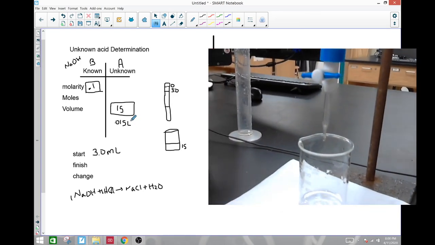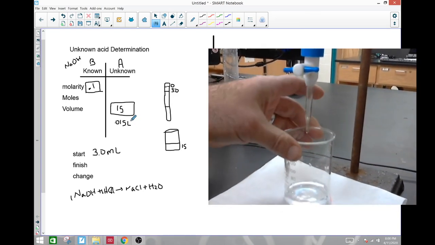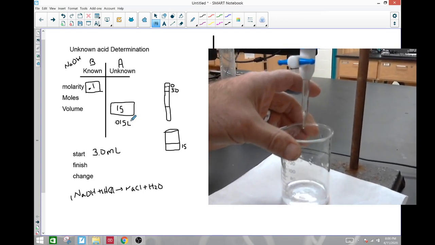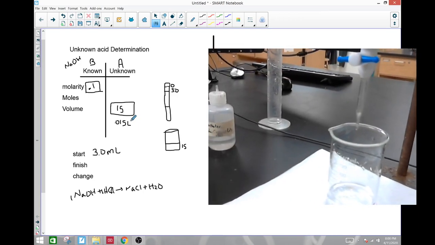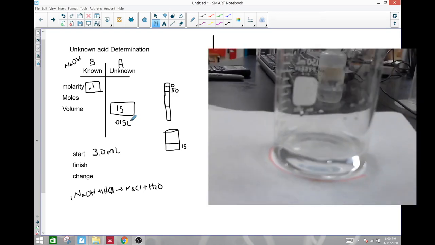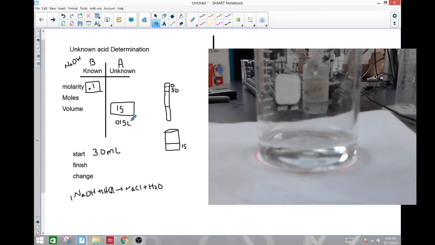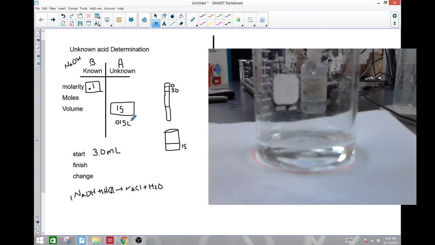Now, you notice it's clear. So acids are clear with phenolphthalein, and they turn pink with bases. That's the general idea we're looking at here.